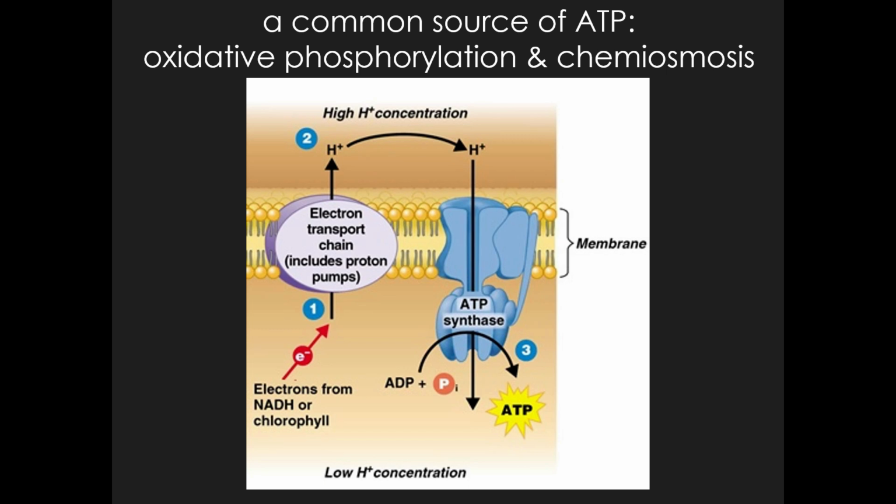The differences between what we talked about in the last lecture and what we're talking about today is where the electrons come from and where they end up. In heterotrophy, the electrons come from food and they leave the system as waste.